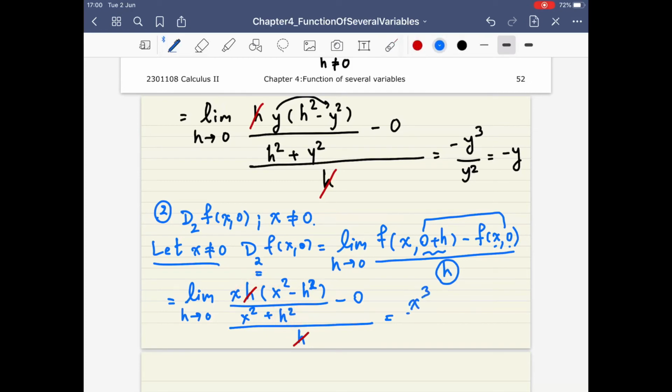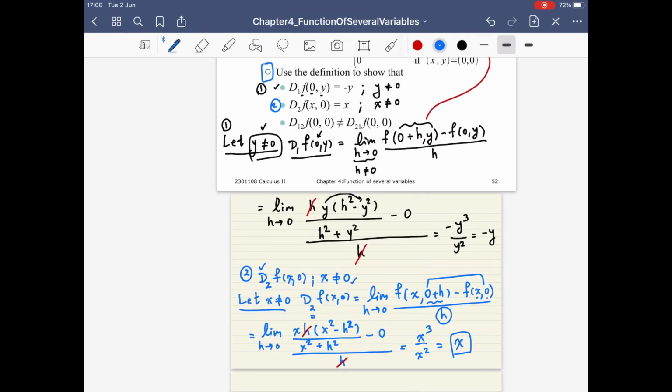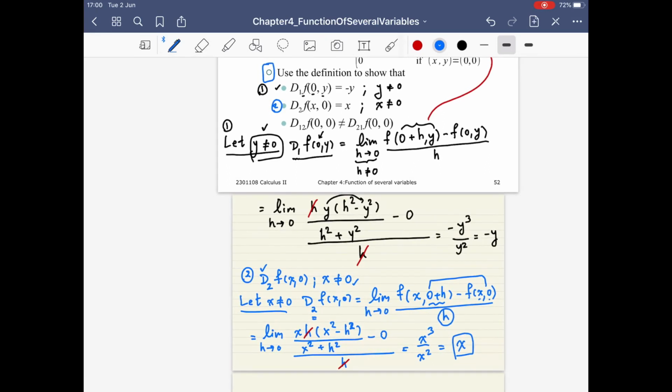So you got x cube over x square, and your x is not 0, so you got x at the end. So this was your d2f at the point (x, 0), where your x is not 0. So you got what they want to show, right? That d2f at (x, 0) is x whenever your x is not 0.